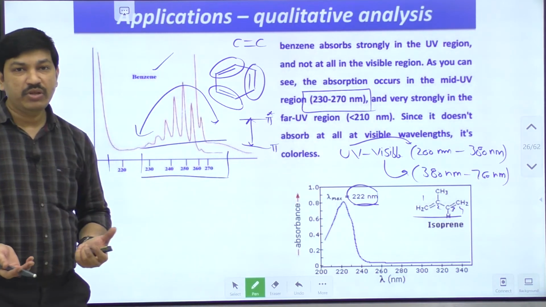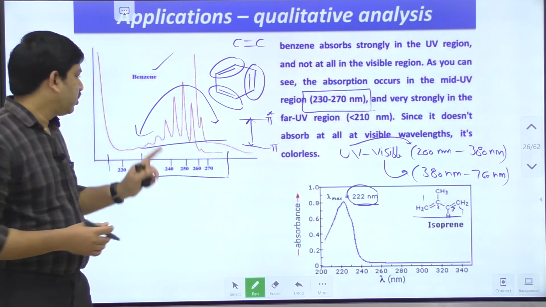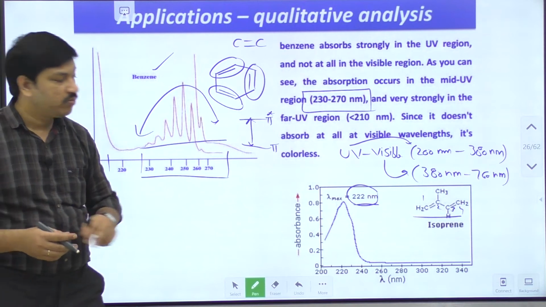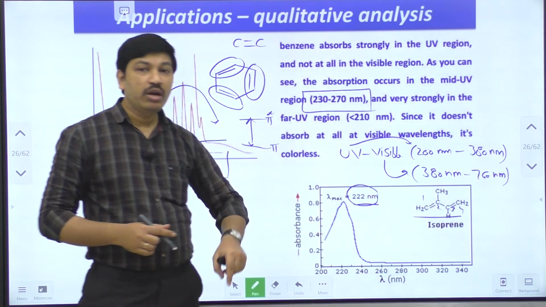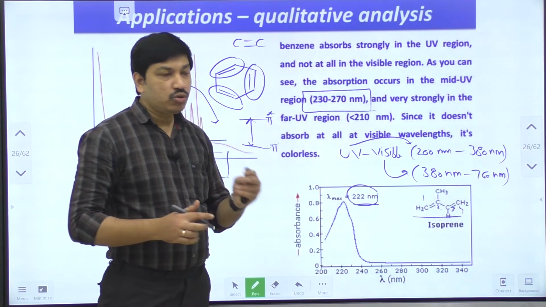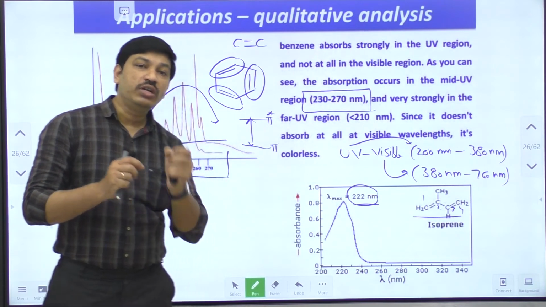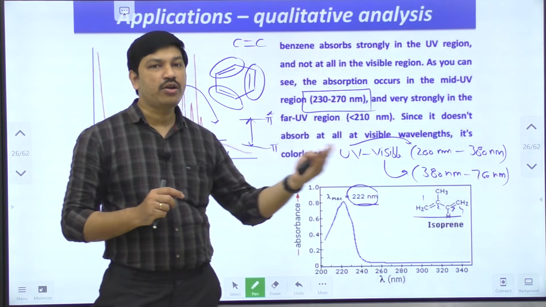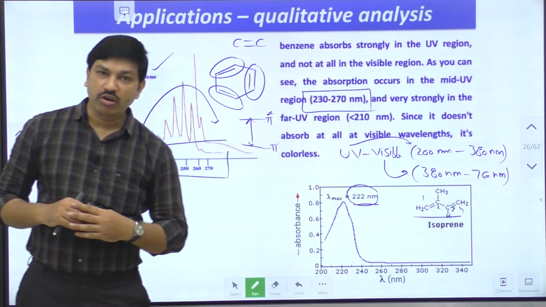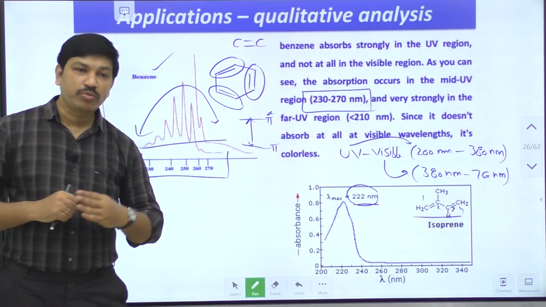But what is the difference between them? If it is an aromatic compound, we will get this kind of multiplet absorption peaks. But here you can see we have only a broad absorption spectrum. So UV-visible spectroscopy is useful to distinguish between conjugated and non-conjugated systems, or aromatic and non-aromatic compounds, because every molecule has its own absorption pattern.